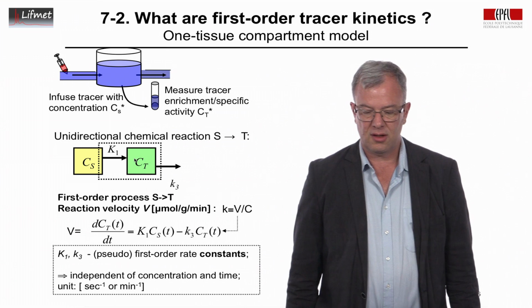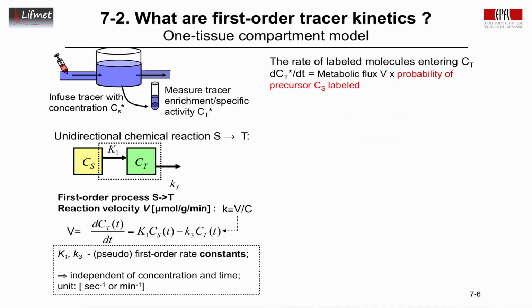Now let's look at what's happening if we are supplying the substrate CS, radioactive molecules. We're interested in understanding how the rate of labeled molecules that enter the tissue pool, CT, is calculated.